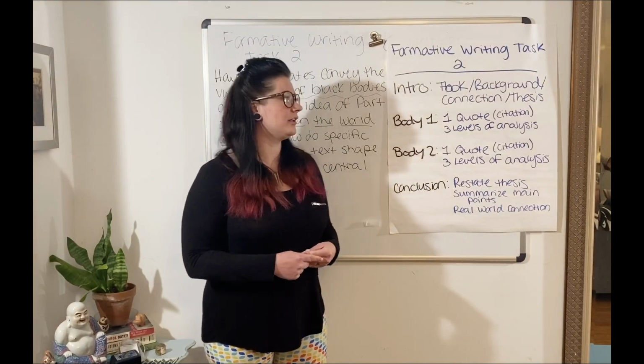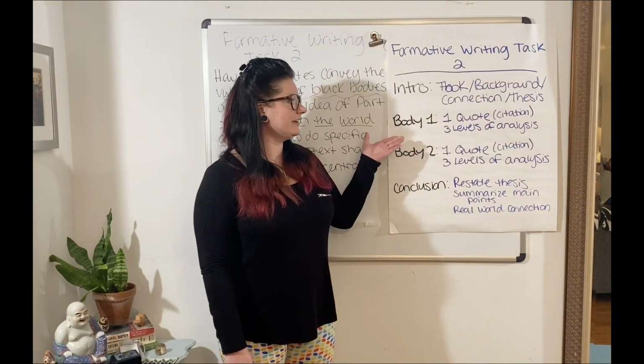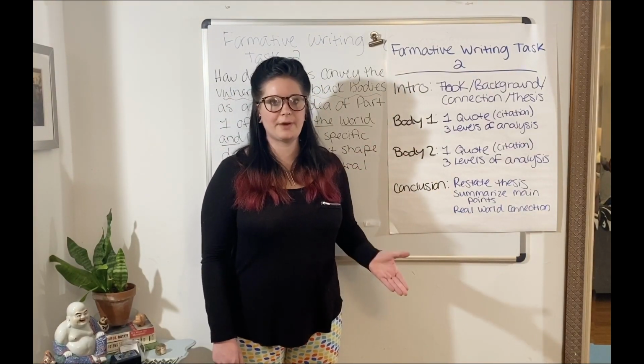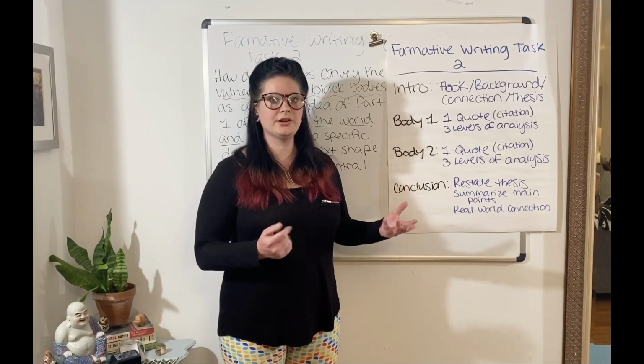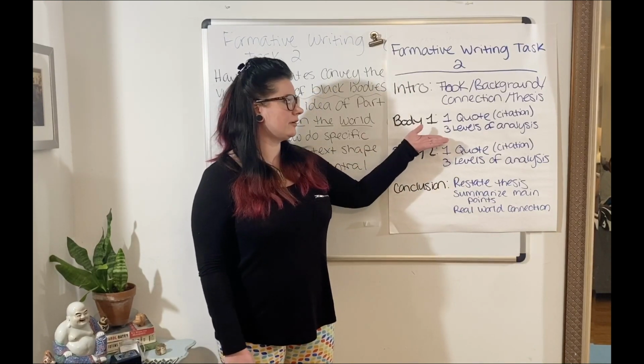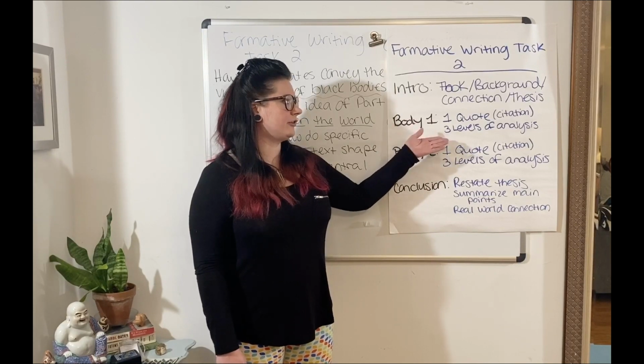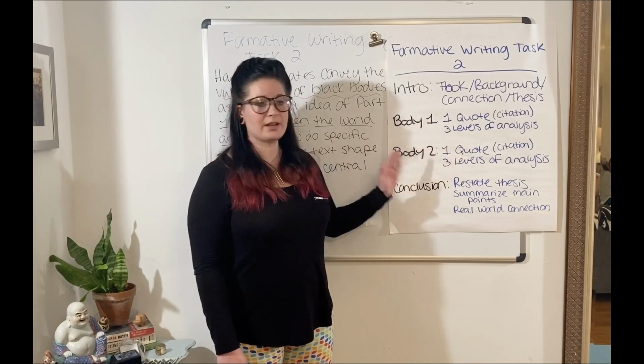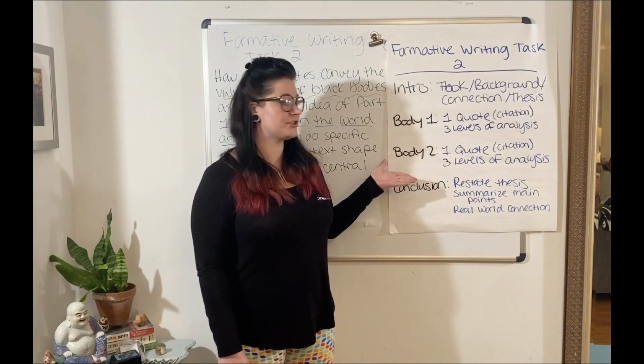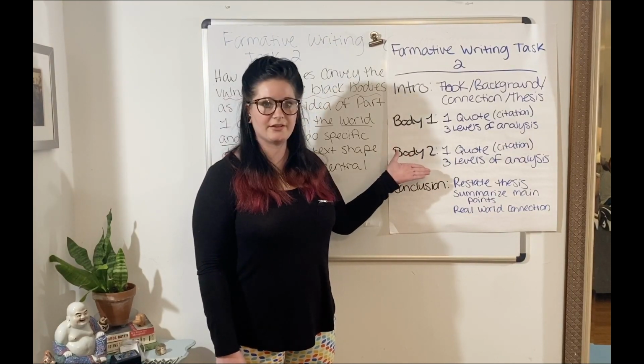So for body 1, all the regular components of a body paragraph, topic sentence, conclusion, but you'll only need 1 quote, be sure to cite it, and then the 3 levels of analysis. Second body paragraph, same thing. You'll just need 1 quote and the 3 levels of analysis.